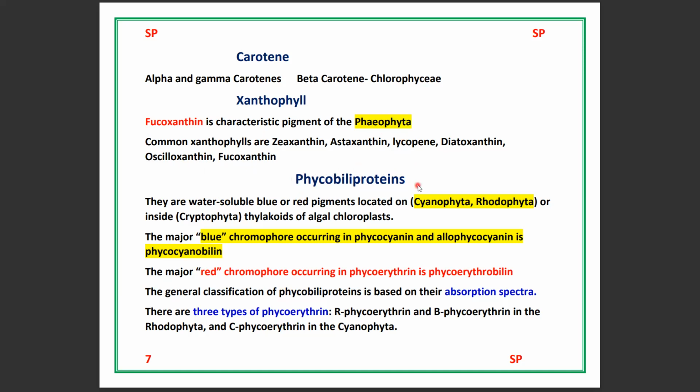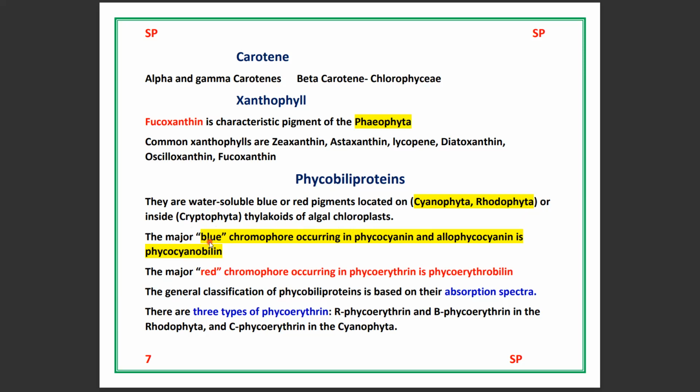And phycobiliproteins, they are water soluble blue or red pigments located in Cyanophyta and Rhodophyta, or inside the thylakoids of the chloroplast in Cryptophyta. So these phycobiliproteins are water soluble pigments, red or blue in color.